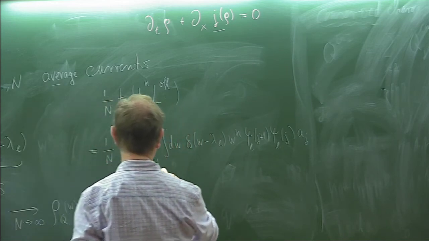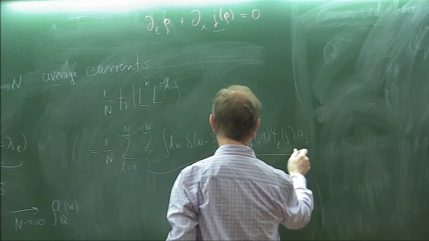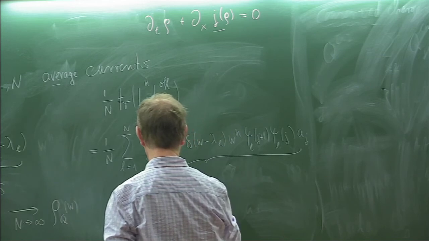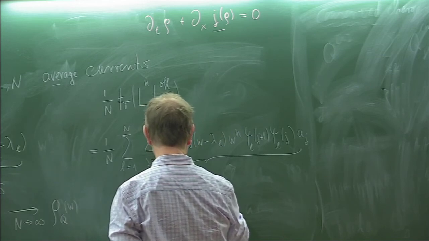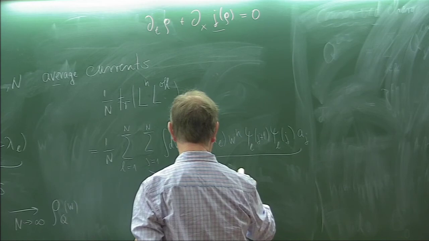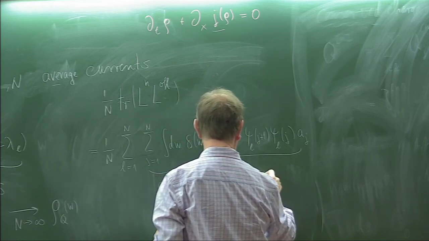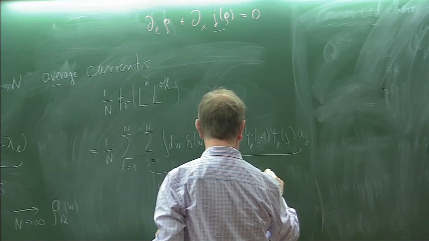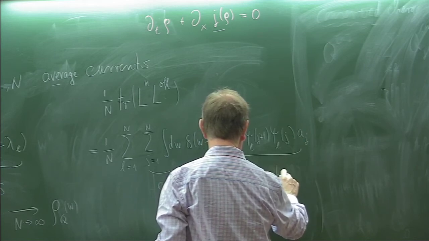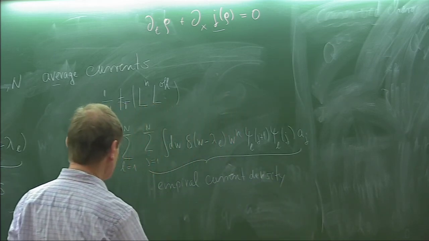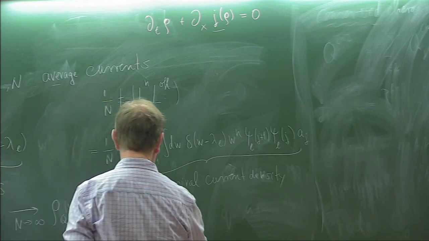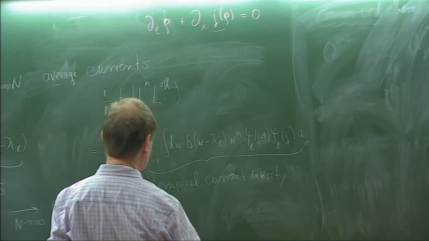Now this is again like an empirical density. And in the limit as n goes to infinity, it will be again self-averaging.